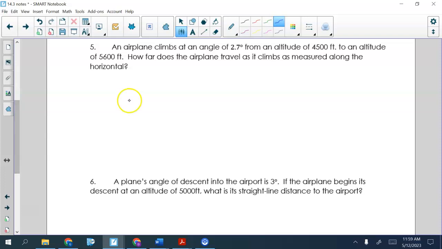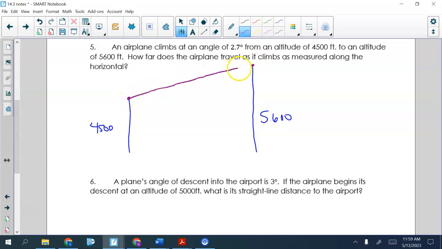All right, so to start, the plane was already at 4,500 feet, and now it's climbing to 5,600 feet. So we are focusing in on how it got from here to here. So the plane was starting here, and then it traveled up to 5,600 feet.